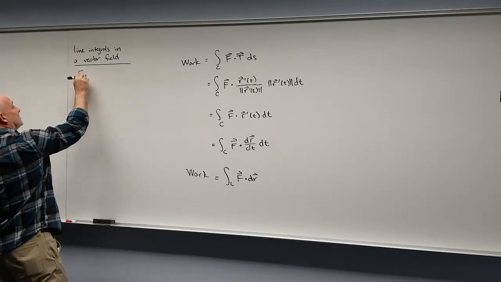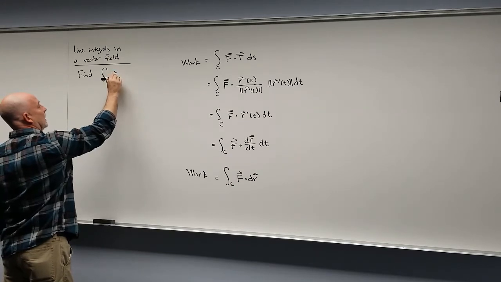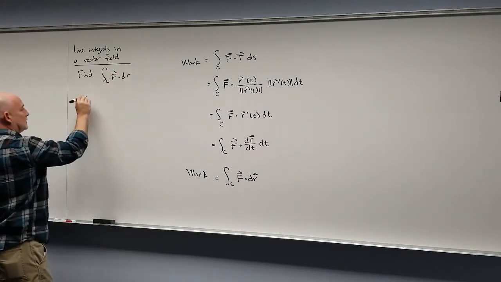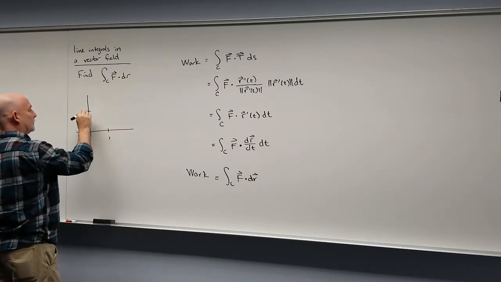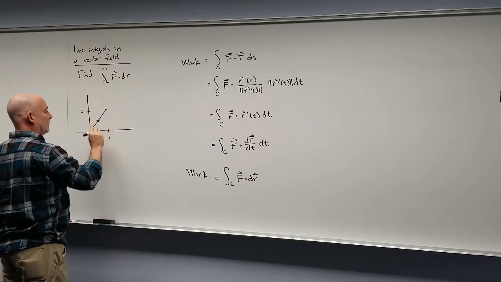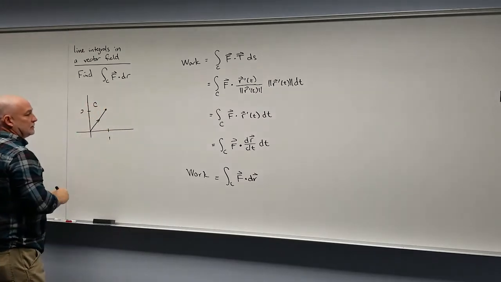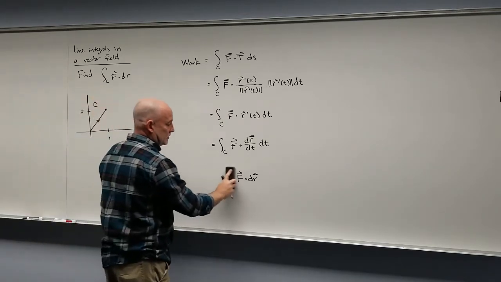Let's just say if I said find the integral around C of F dot dr, and let's say that C, let's do a really easy one. Let's go from the origin to the point 1, 2, say here. Let's say we're just moving along a straight line that way. That's our curve C. Now, since we only have one piece, we're only going to need one parameterization.